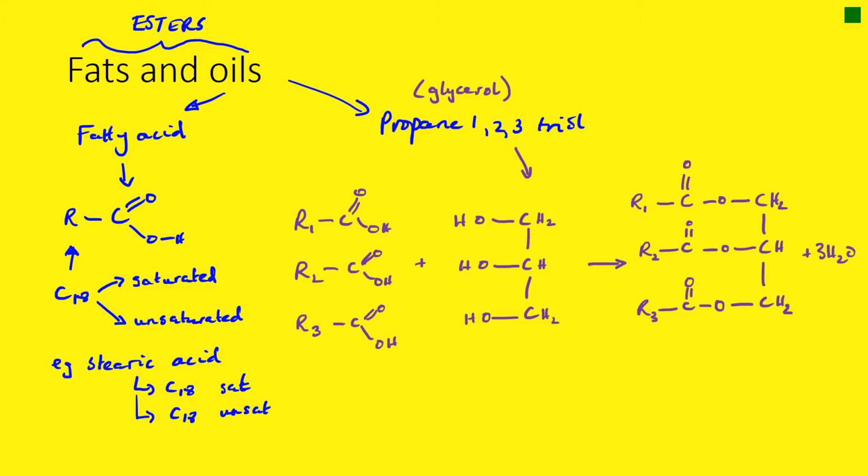Let's just show you where they came from. So our hydrogens that were on our 3 hydroxyl groups of our propane-1,2,3-triol have gone, and they've reacted with our OH groups of our fatty acids, and that's what made our 3 water molecules there on the right hand side. And let's just highlight this ester link.